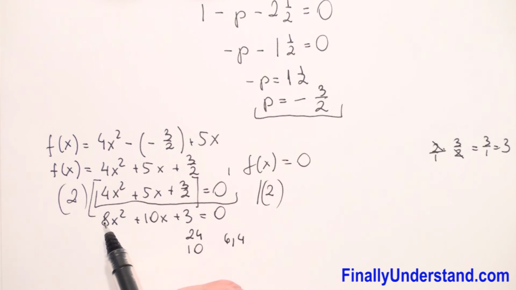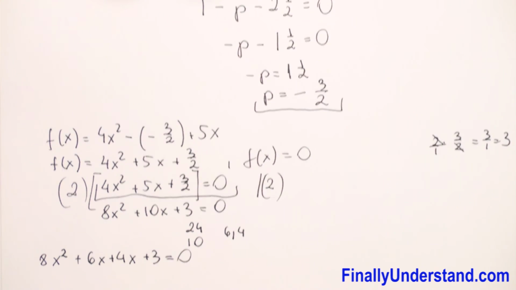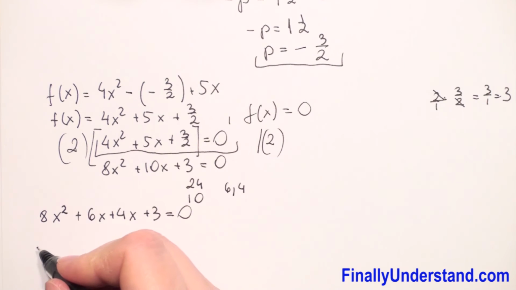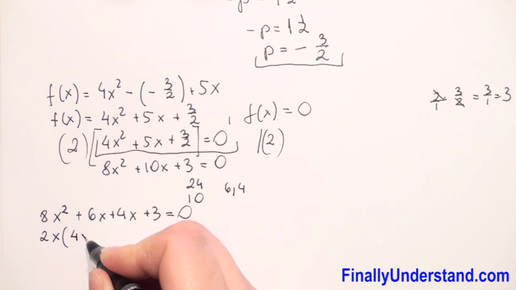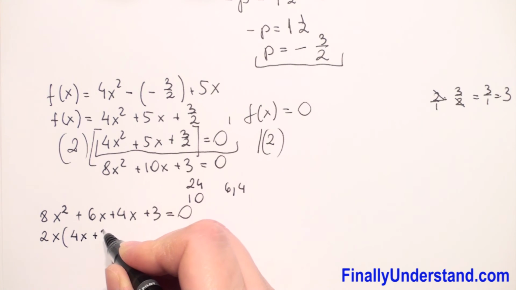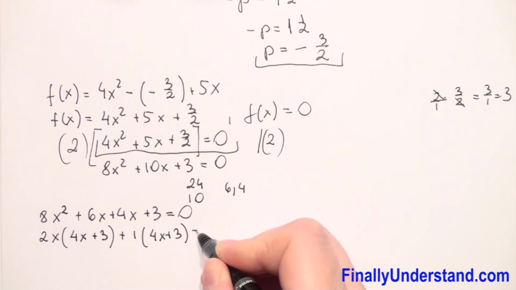So now I copy the first expression 8x², and 10x I can rewrite as 6x plus 4x, and I copy 3. This is equal to 0. Now from the first two expressions I can factorize 2x, so in parentheses I will have 2x plus 3, plus, and from the last two I will factorize 1, so it will be 4x plus 3.